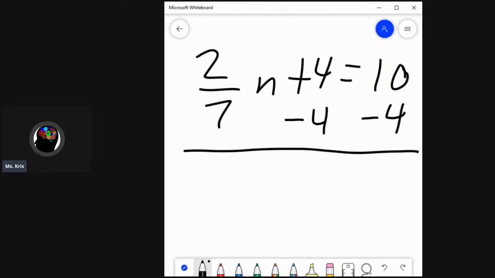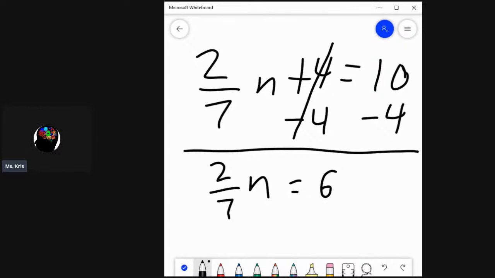Once I subtract 4 on both sides of the equal sign, I am going to cancel out my plus 4 minus 4, which leaves me with 2 over 7n equals 10 minus 4. 10 minus 4, of course, is 6.